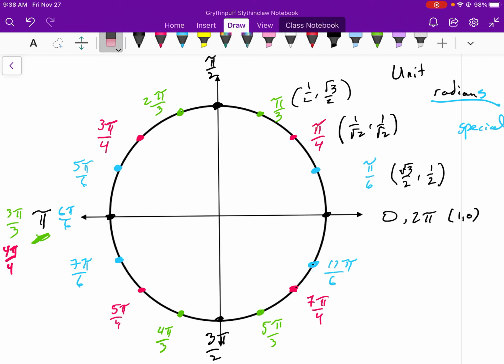Using the exact same reasoning as before: 6 pi over 6 minus 1 pi over 6. 6 pi over 6 plus 1 pi over 6. 12 pi over 6 minus pi over 6 is 11 pi over 6. And so that is the unit circle.